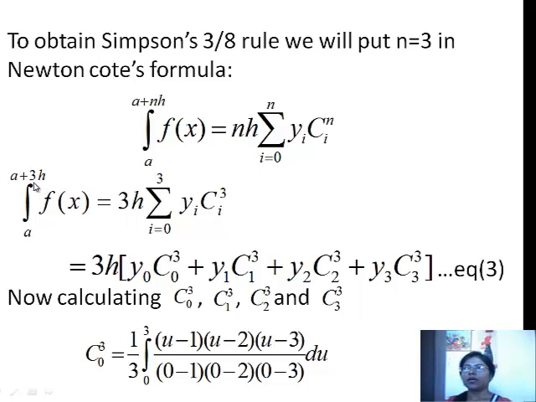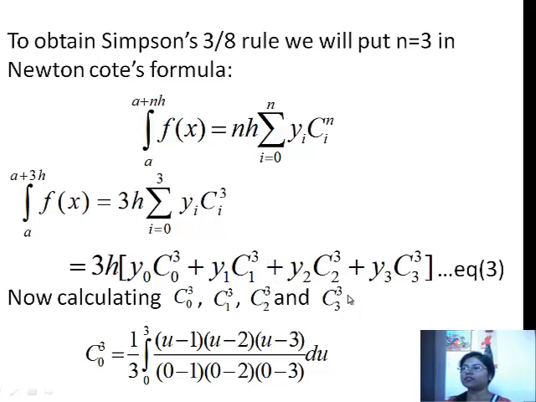We initially put 2 here, and now since we are substituting n as 3, we put 3 here. So the equation turns out to be this, wherein only n has been substituted as 3, and this is equation 3 that we get: 3h times (y0 c0 cube plus y1 c1 cube plus y2 c2 cube plus y3 c3 cube).